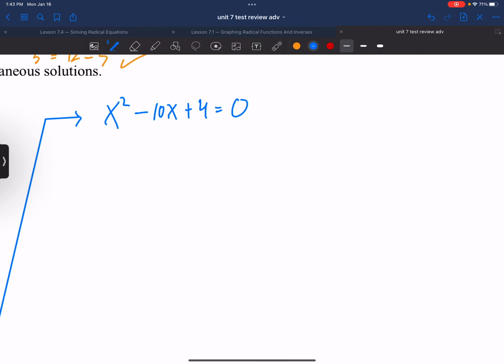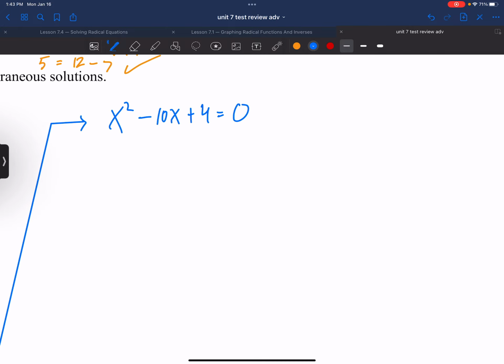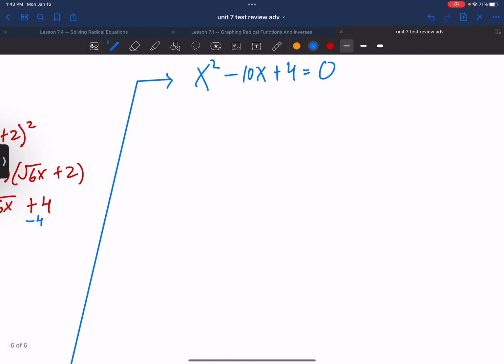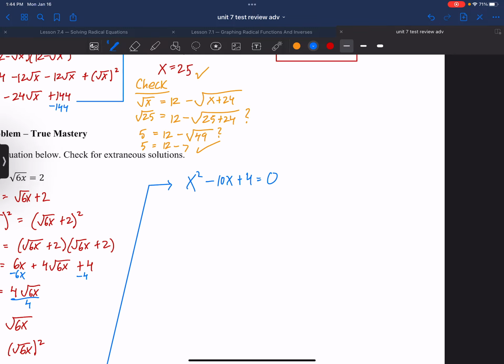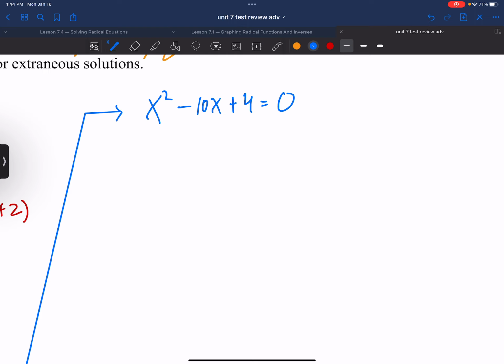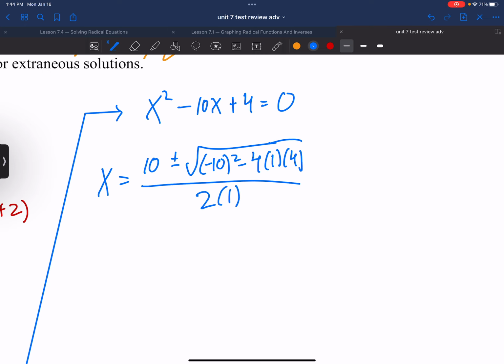And is that factorable? I don't think so. So, is this quadratic formula? x equals negative b plus or minus the square root of b squared minus 4ac all over 2a.